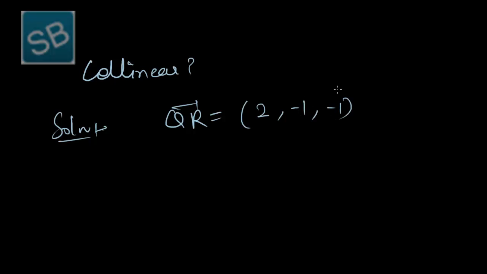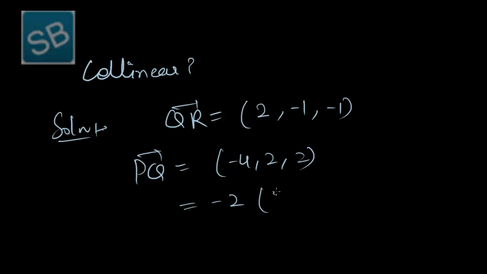So now the solution will be done in the same way, but here just a little difference, that is coordinates are 3. So we check first of all QR. So position vector of QR becomes minus 1 plus 3 is 2, 0 minus 1 is minus 1, and 1 minus 2 is minus 1. And position vector of PQ, that is 4, minus 4, 2 and 2. In the same way, minus 2 is common and we get (2, minus 1, 1).